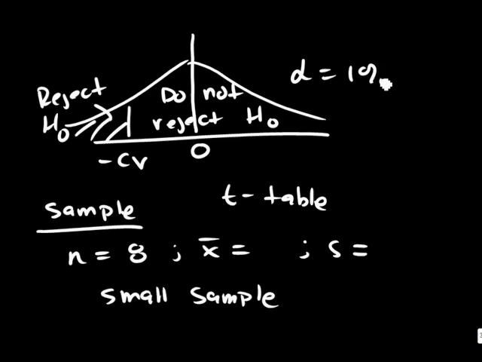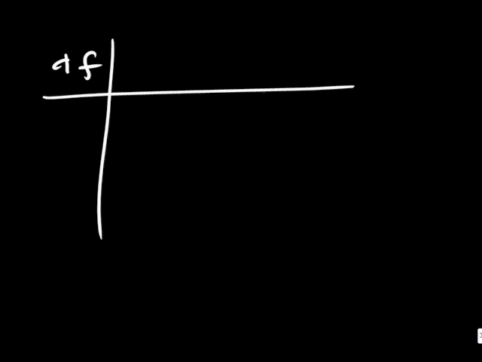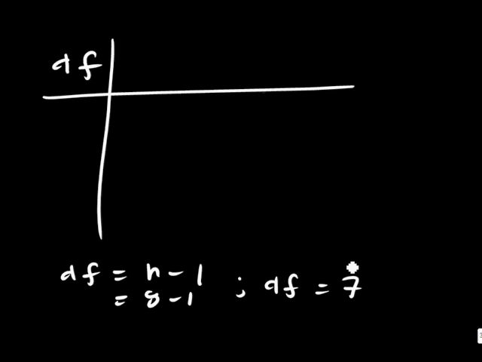Using the t-table, again, we need a degree of freedom value. The degree of freedom is 8 minus 1, or 7. We're looking at the 7th row, 0.01 two-tail column.